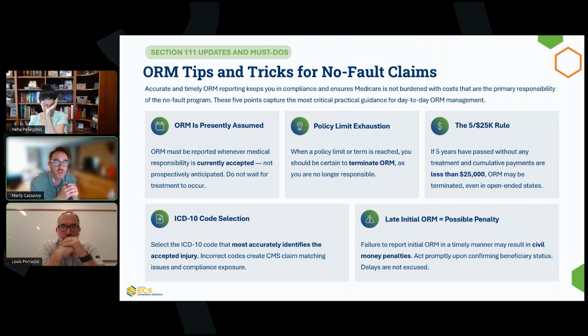So let's start with ORM. The idea behind ORM is that it must be presently assumed. It's to be reported whenever medical responsibility is currently accepted. It's not what's expected in the future. It's what you've currently got going on. What I tend to think of, and I know that Medicare gets all aggravated when I say this, is that if you're going to rubber stamp a bill that comes in and just say, yes, we're going to pay that one, we're going to pay that one, we're going to pay that one, assuming that it's related to the underlying accident or injury, then you have ORM.